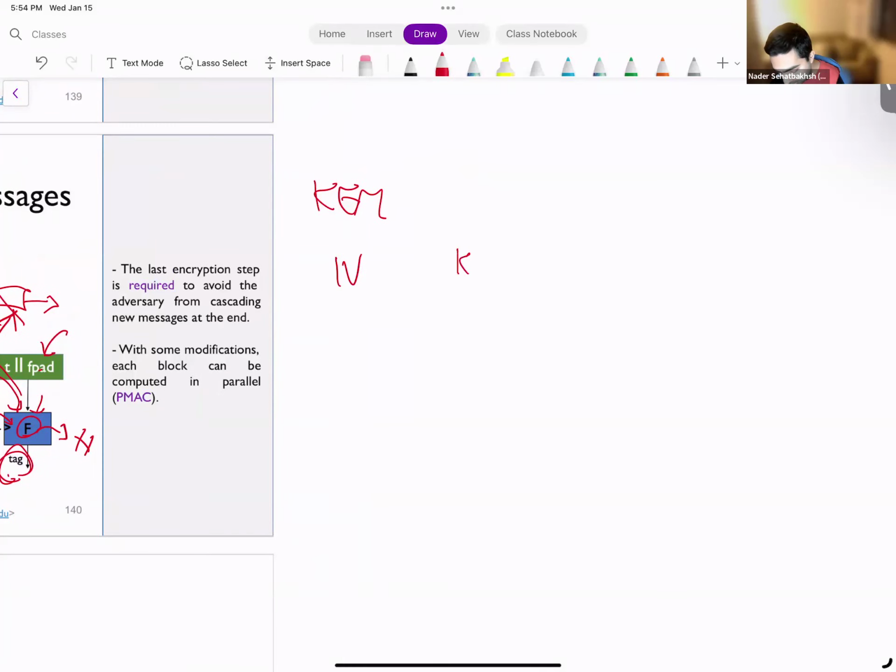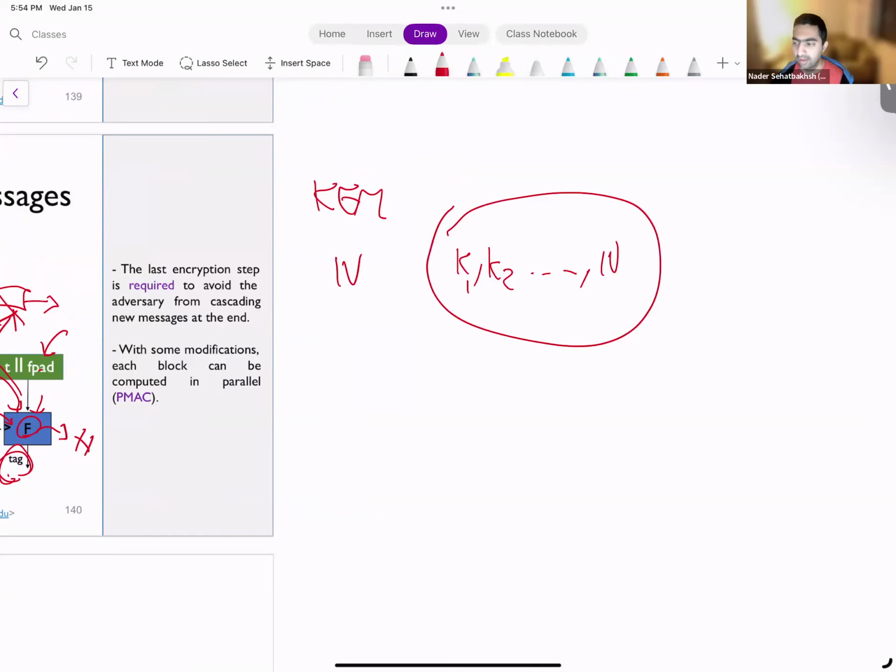Remember that we need to agree upon keys, like K1 and K2, whatever number of keys we need to agree upon. Typically at this point, we already send the IV. So the IV is not part of the message authentication codes because we already had a key distribution or key agreement mechanism prior to this, which includes the IV. Gotcha. Thank you.